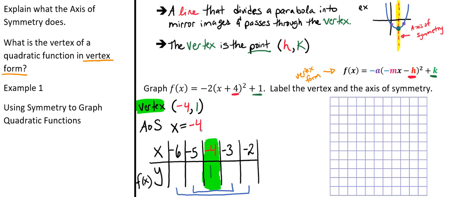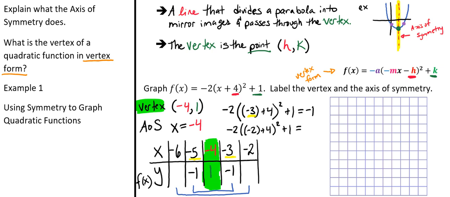So let's go ahead and plug in our -3 first. And so here you can see that we've plugged in our -3, which is going to be the same answer as our -5. And so when we plug that in, we're going to get a -1. So let's go ahead and put that in our -3 and our -5 spot. And now we're going to plug in our -2. And remember that when we plug in the -2, that's the same answer as if we were to plug in -6.